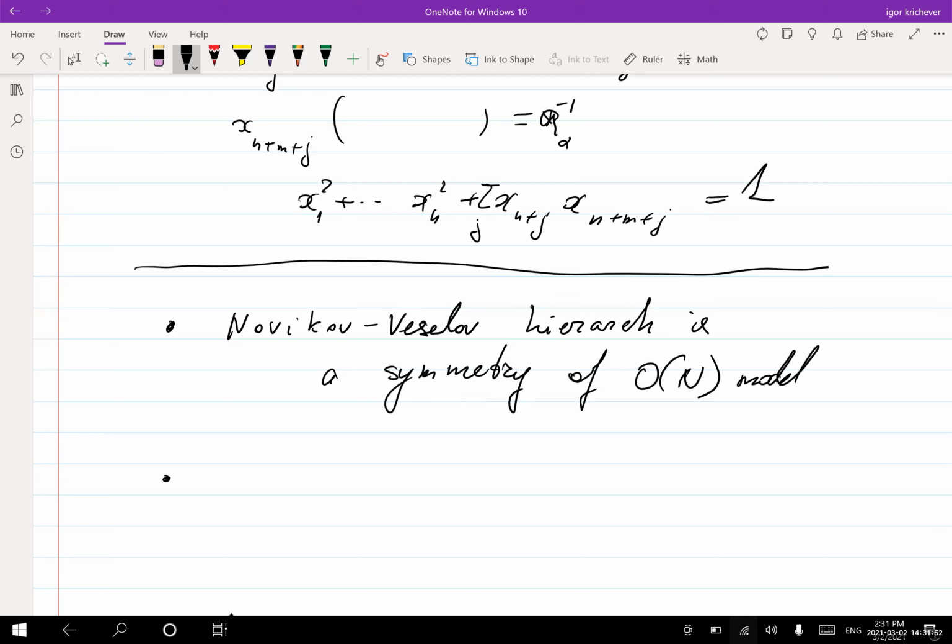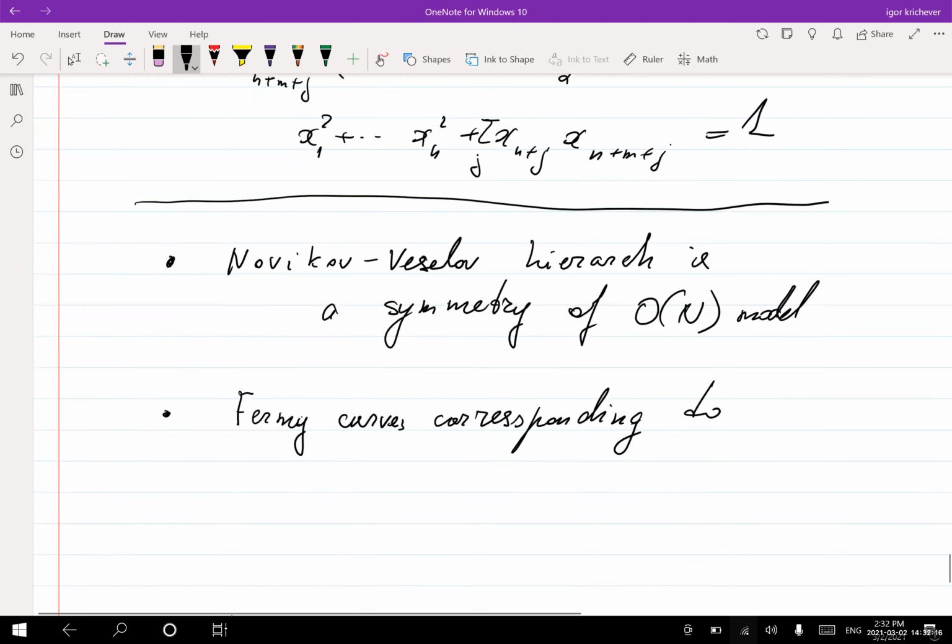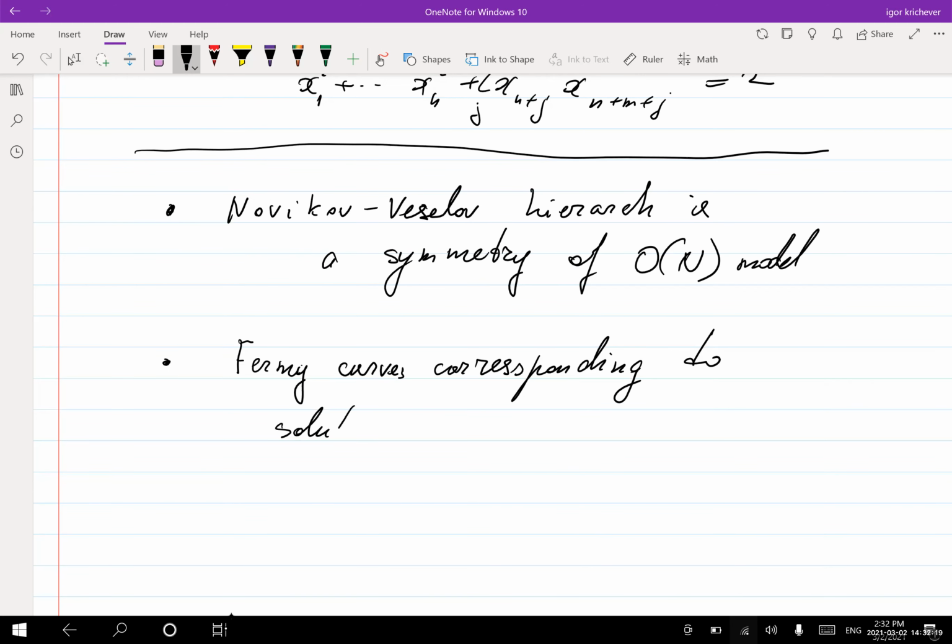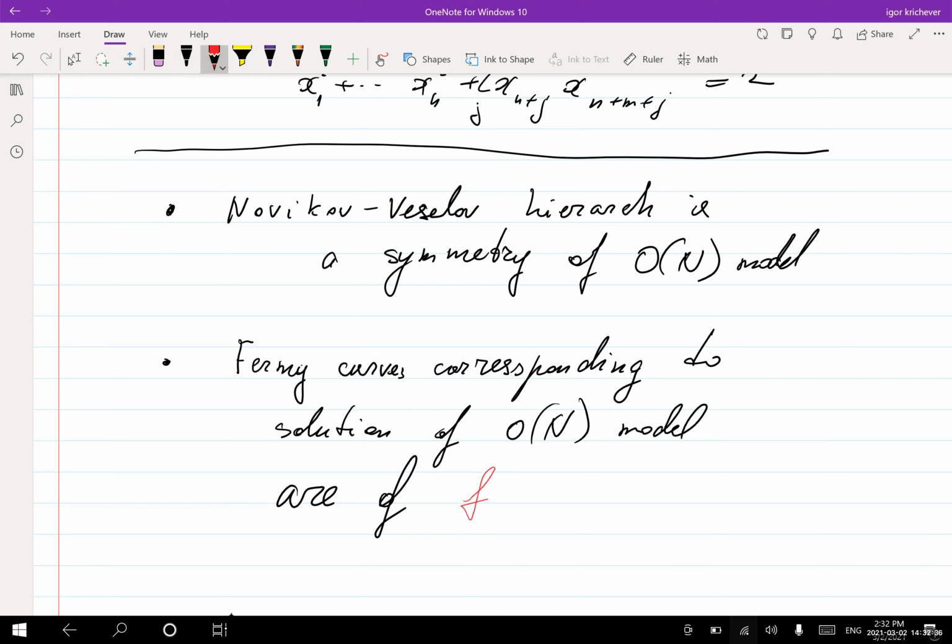From that, we will derive the statement that Fermi curves corresponding to solutions of the O(n) model, for any n, are of finite genus.